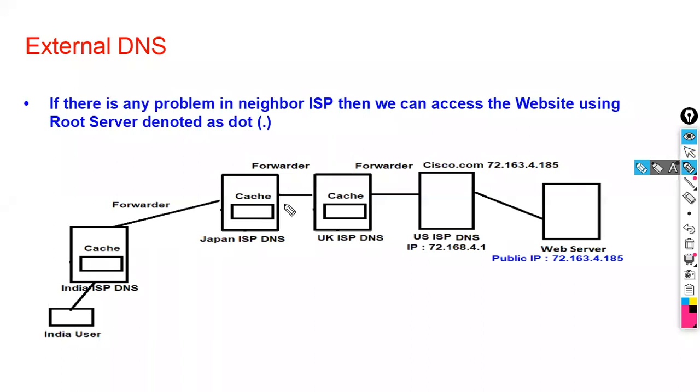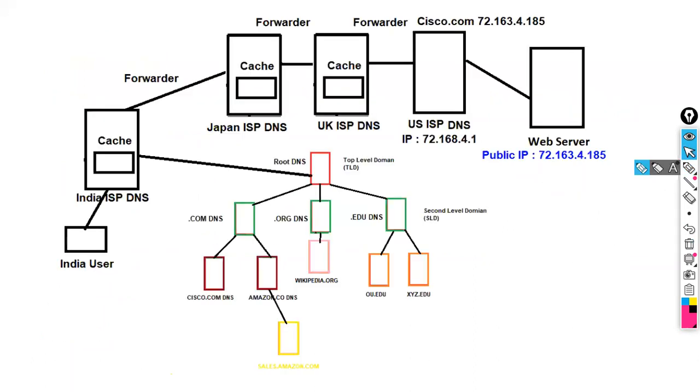So guys, let us say there is a problem in Japan ISP, but still we can access the cisco.com website using this root server. We'll see what this root server is, and this root server is denoted by a dot. So if you see, this is our root server.